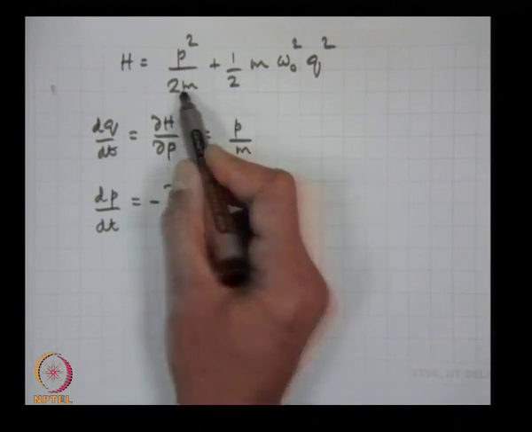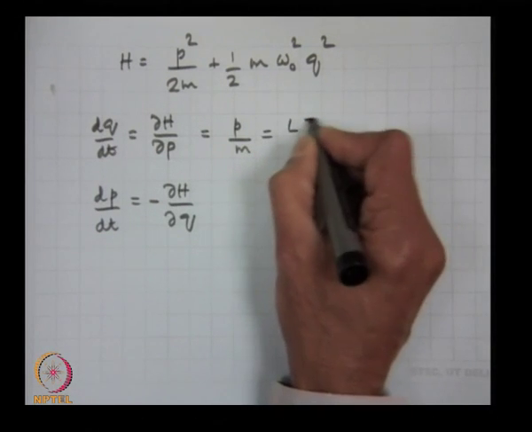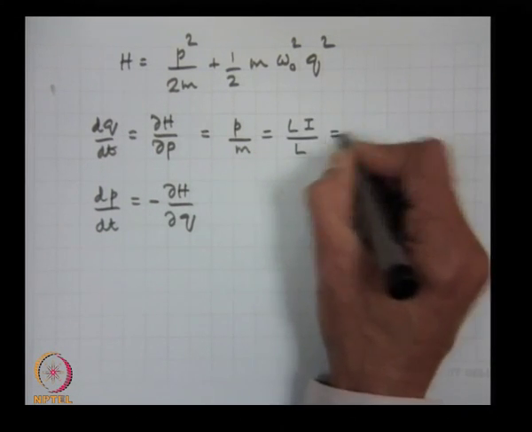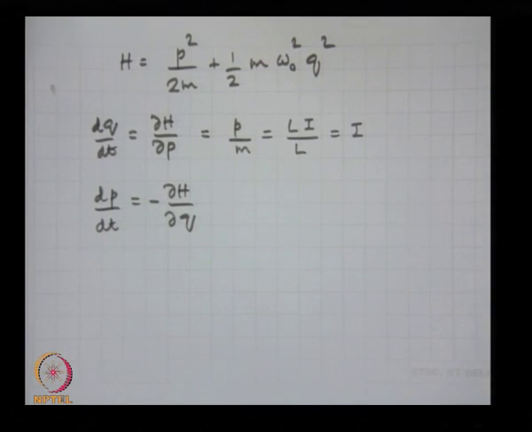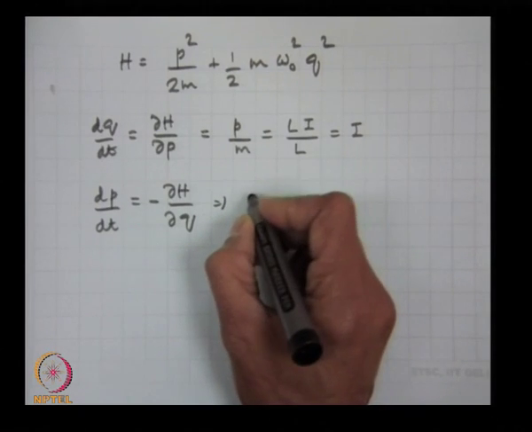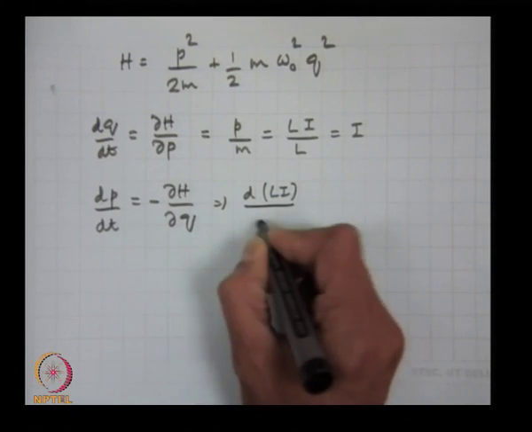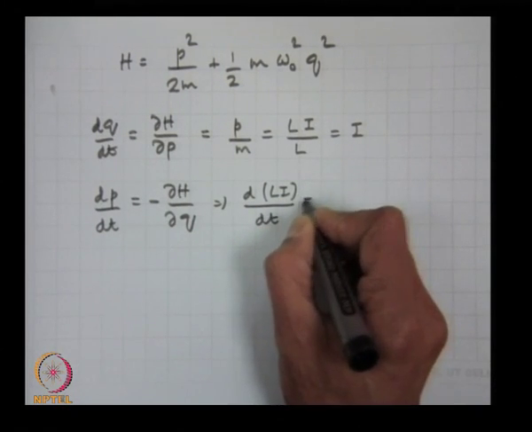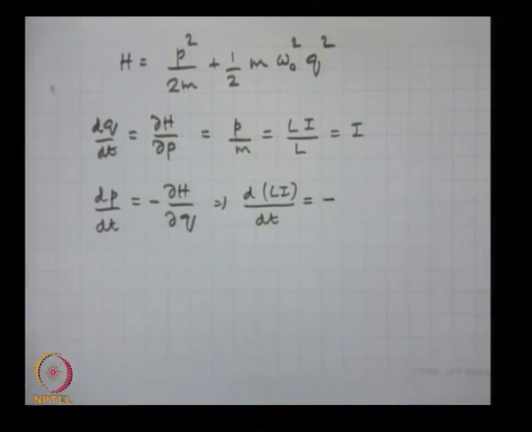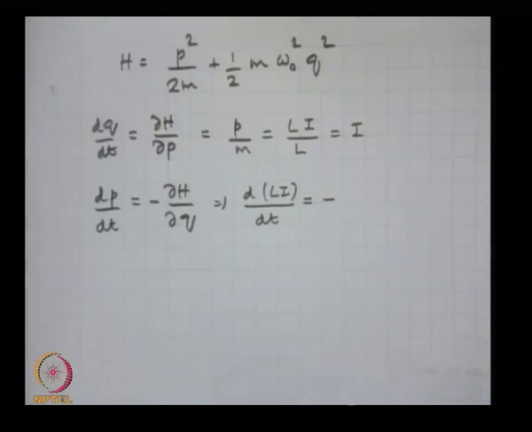If I differentiate, it becomes p by m. And remember, p is L times i and m is L. So, this is equal to i, which is true. i is dq by dt, q is the charge. And the second equation implies d of L i by dt is equal to minus, let me use this H for q square by 2C, so it becomes minus q by C.